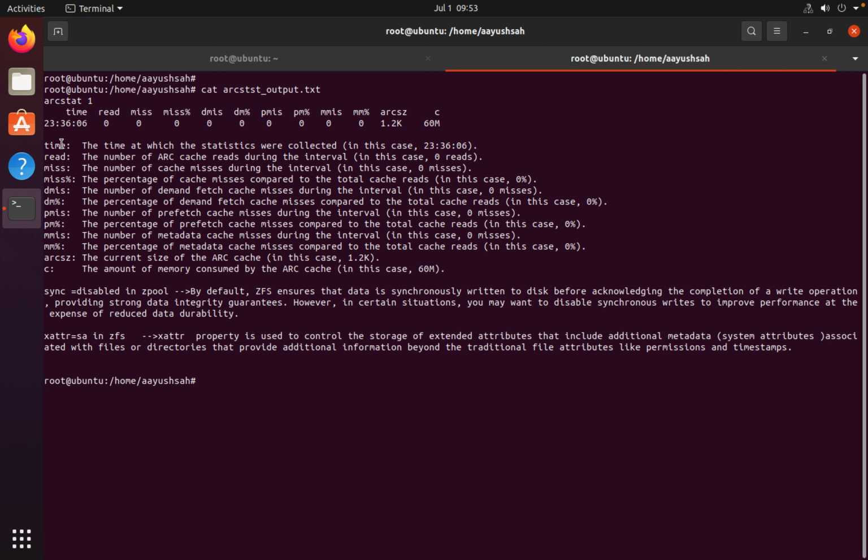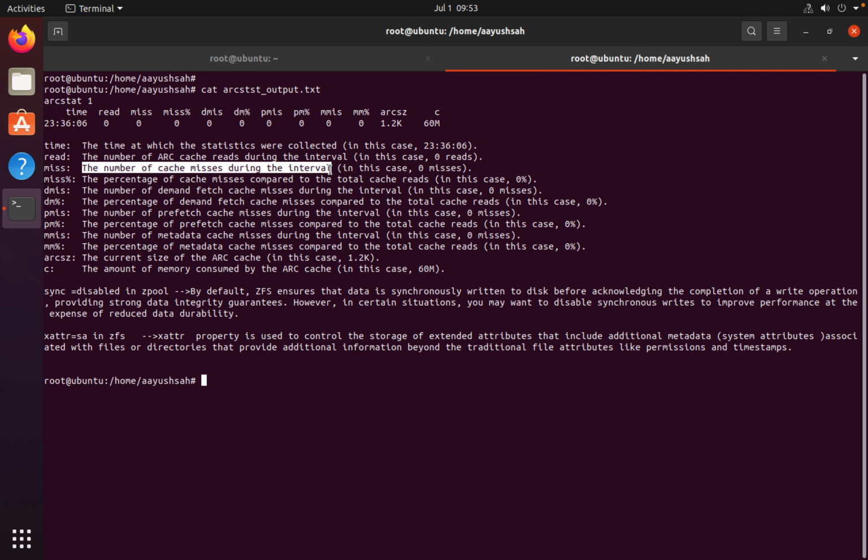Let's have a look at these terms. Time is the time at which I took the output of this command, and read is the total number of ARC cache reads during the interval. It's currently 0, meaning how much data the application has read from the cache. Similarly, miss is the number of cache misses during the interval.